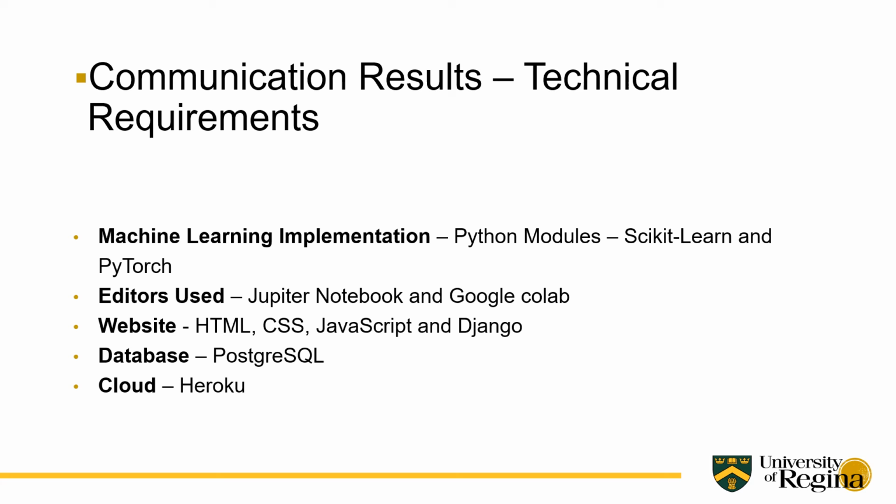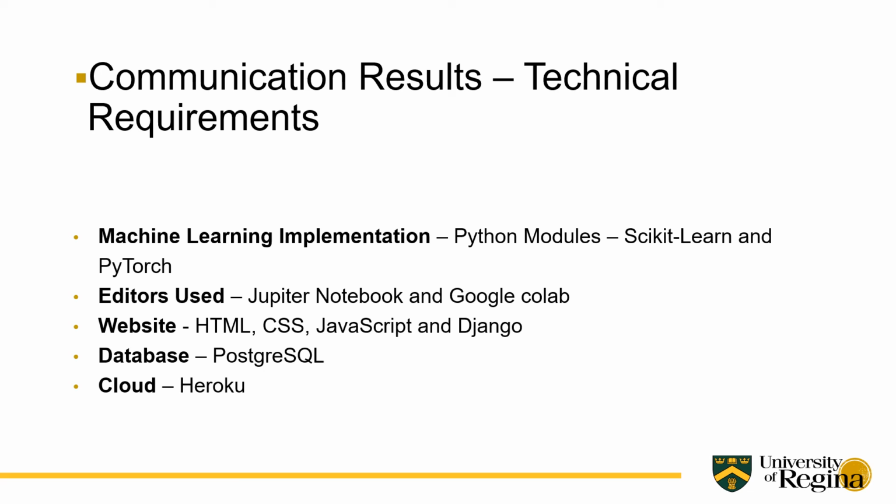Some of the machine learning libraries we have used are scikit-learn for building the models, and PyTorch for building the CNN models and analyzing the images. And we have used Jupyter Notebook and Google Colab as our online editor for building the application.